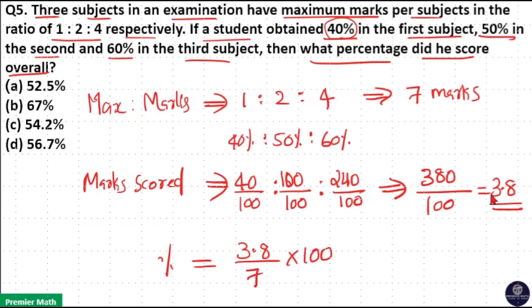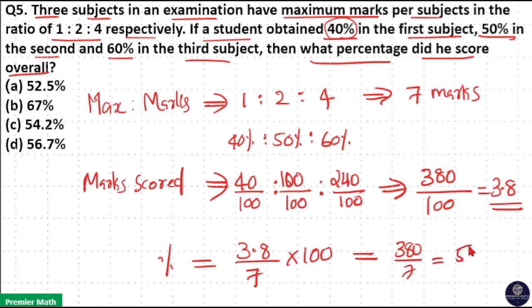He scored total 3.8 in these 3 subjects and total maximum mark for these 3 subjects is 7 marks. Then 3.8 by 7 into 100 is the percentage of mark he scored in these 3 subjects, which is equal to 380 by 7.